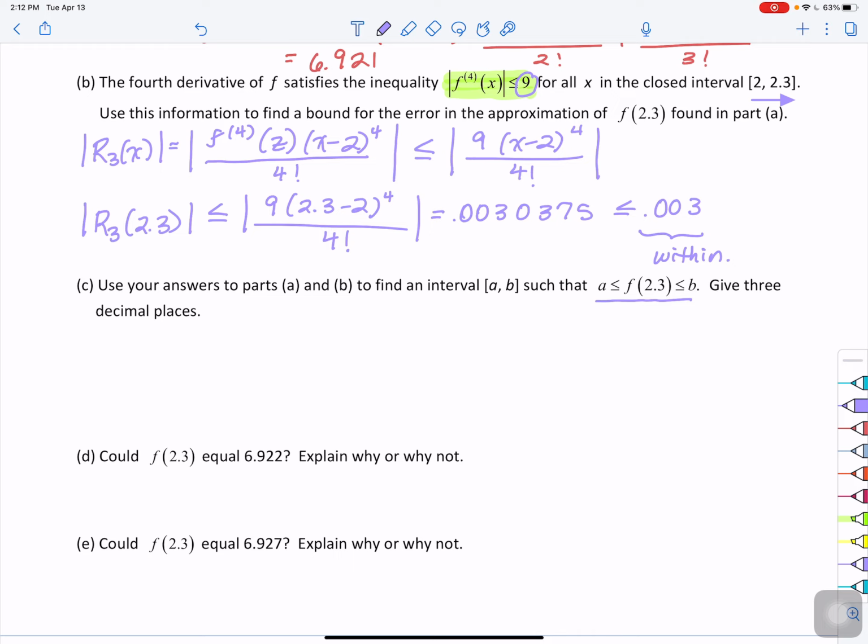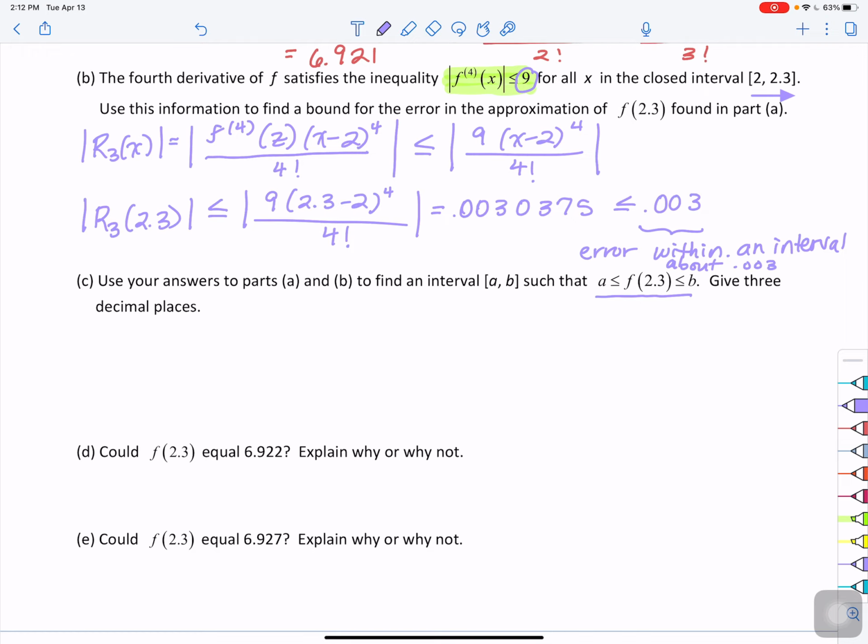Error within an interval about the approximation.